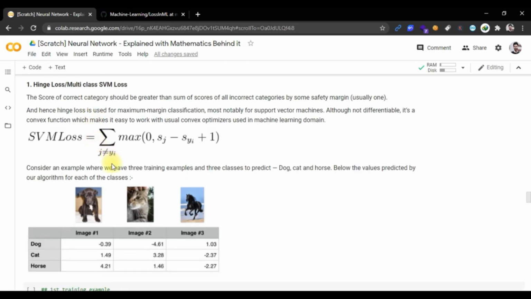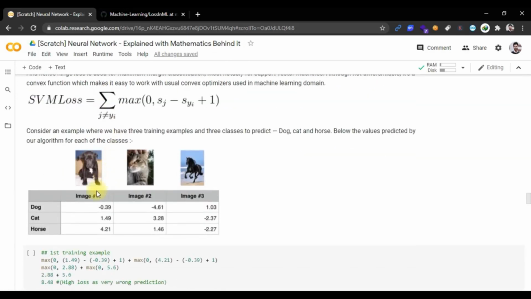We have an example to predict what this image is of, so it can give us these outputs. For dog it can give us these outputs, for cat these, and for horse these. By using this formula, by maximizing and getting the output from here, and adding +1, because the +1 is for the correct category, I can get that from here.